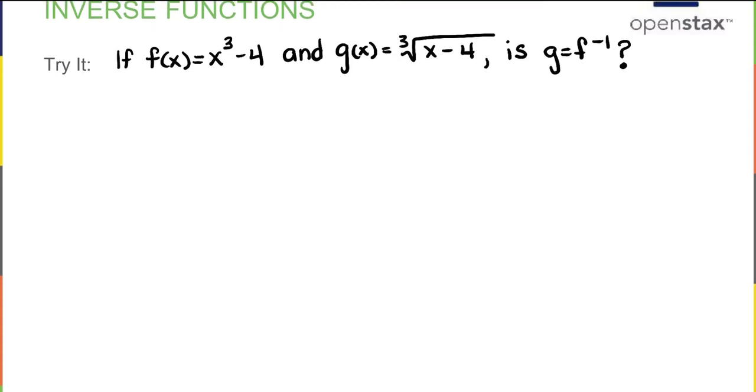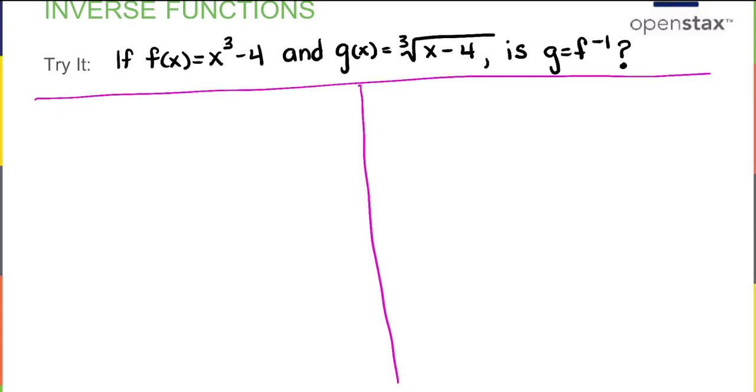Alright, hopefully you worked through this, so I'm going to work it both ways, just so that you can see it both ways, because I don't know which one you did. I don't know whether you did f of g of x or g of f of x, or maybe you did both. So let's start by finding f of g of x. So we'll start with f of x, which is x to the third minus 4, and in here I'm going to put what g of x is, which is the cube root of x minus 4.